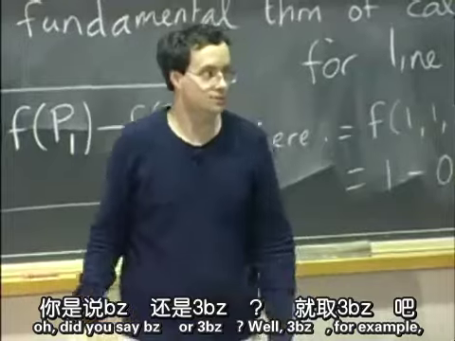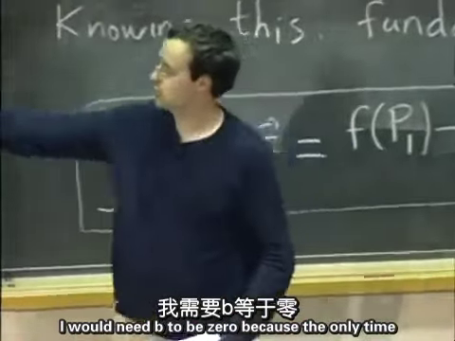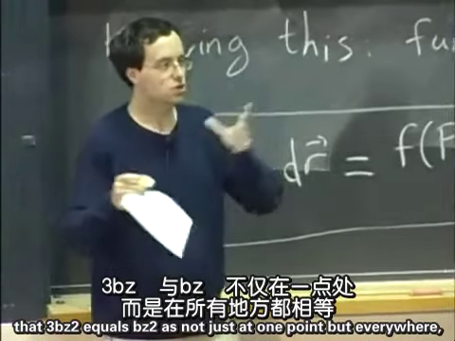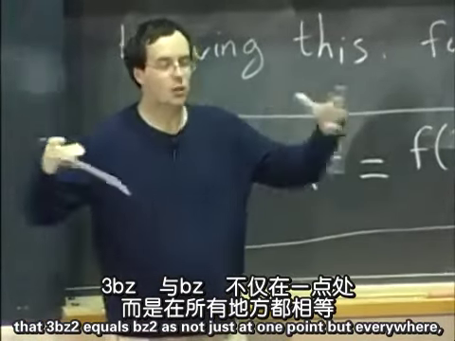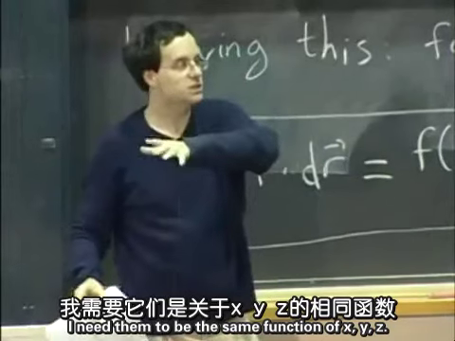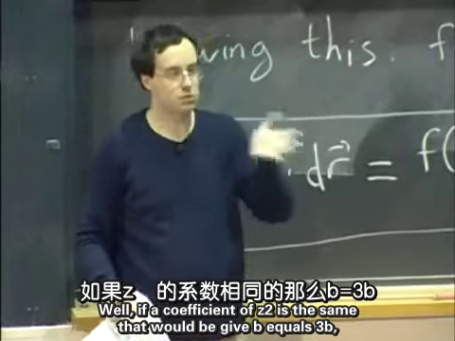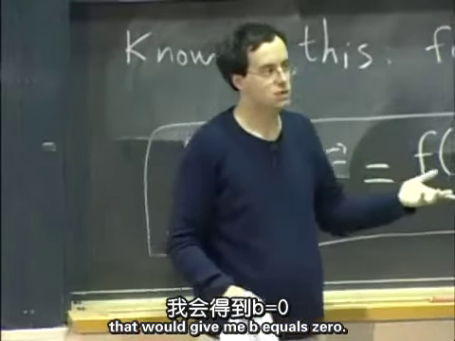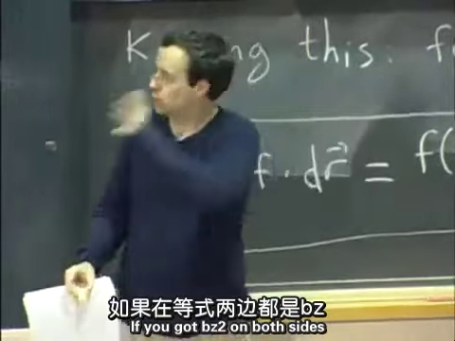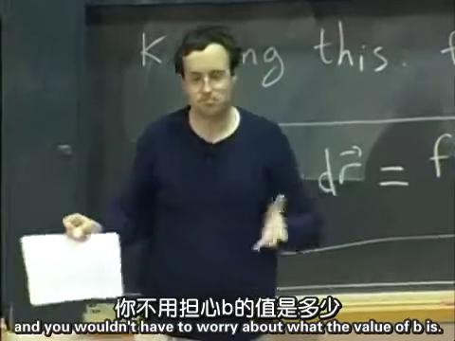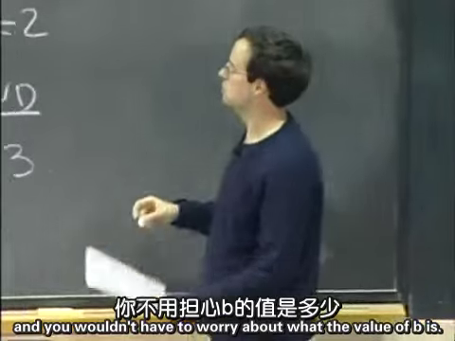Well, 3bz squared, for example, then I would need b to be 0, because the only time that 3bz squared equals bz squared, not just at one point, but everywhere, I need them to be the same function of x, y, z. If the coefficient of z squared is the same, that would give me b equals 3b, which gives b equals 0. If you got bz squared on both sides, then it would mean, for any value of b, it works. And you wouldn't have to worry about what the value of b is.